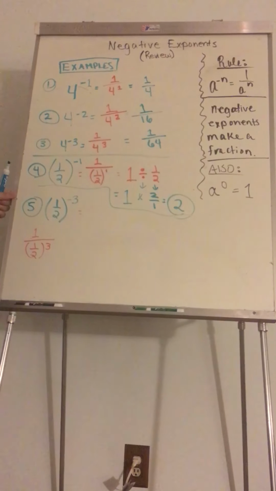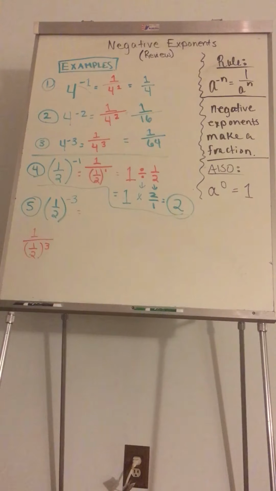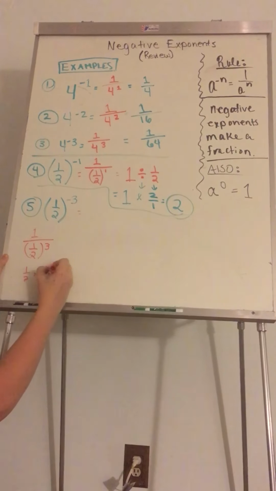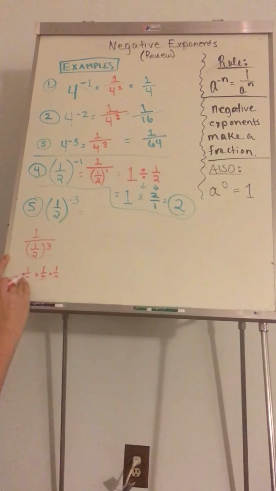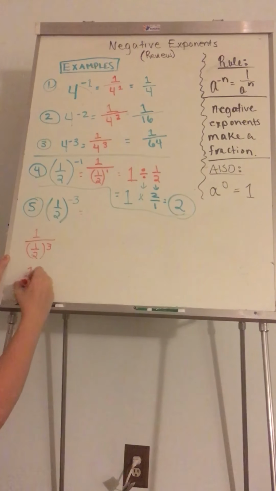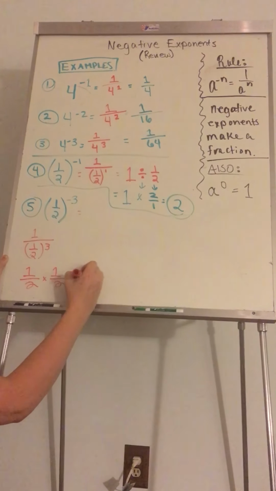Now, 1/2 to the third power is going to be 1/2 times 1/2 times 1/2, right? And here again, we have to use our fraction rules. Let me write that a little bit better. 1/2 times 1/2 times 1/2.